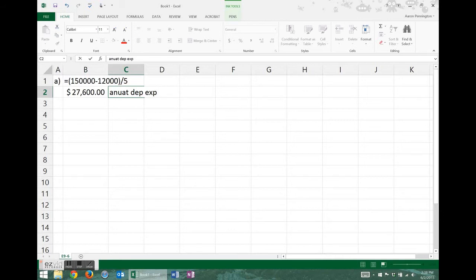And that's our calculation for this problem. It equals $6,900. So that's our response for part A.